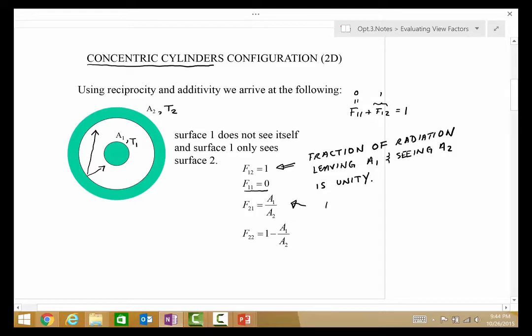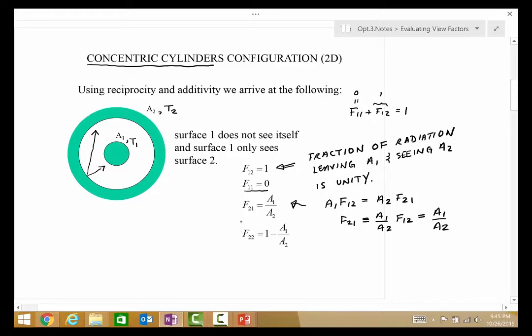And this says, again, that A1 F12 is equal to A2 F21, such that F21 is equal to A1 over A2 times F12, which is just equal to A1 over A2, since F12 is equal to 1.